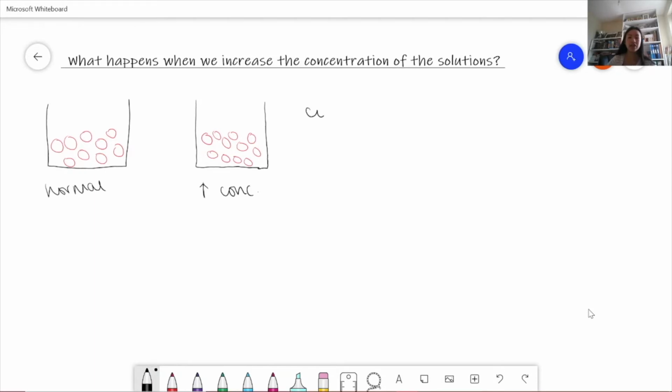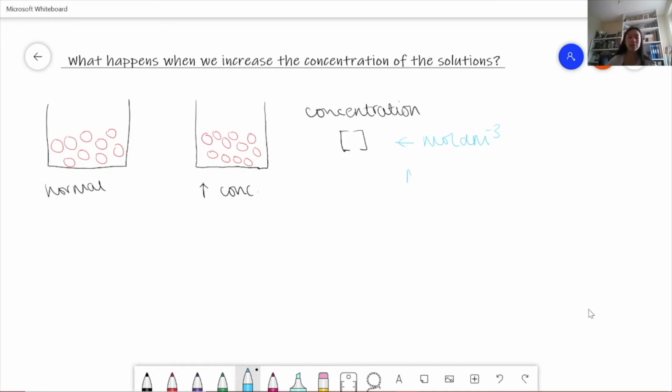So concentration is normally measured in moles per decimetre cubed. So this is the symbol for concentration, and this is normally measured in moles per decimetre cubed. So that means how many moles of the substance do we have per decimetre cubed, which is a volume.